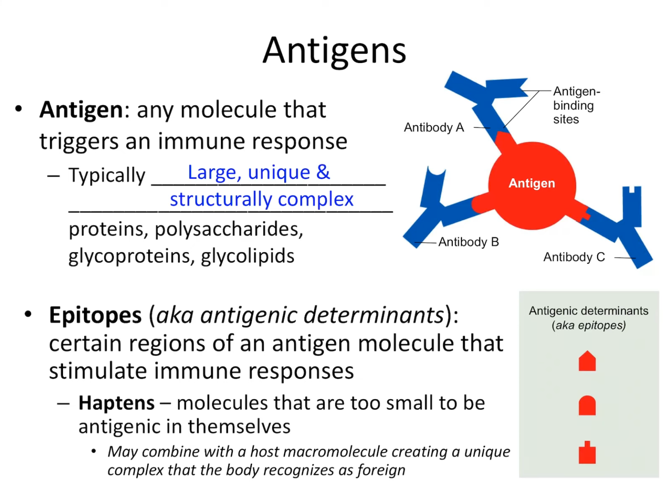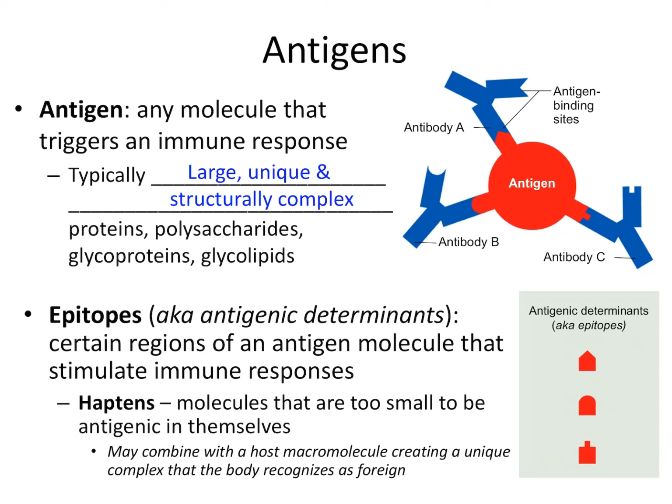Now, the thing to think about here is that generally these molecules that elicit an immune response are going to be larger, unique, and structurally complex. So unique to that particular organism or pathogen that has that antigen.